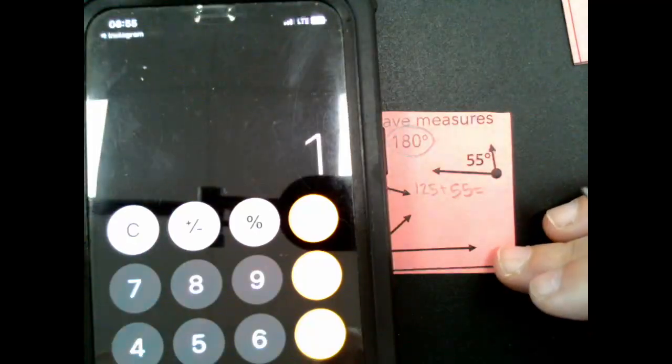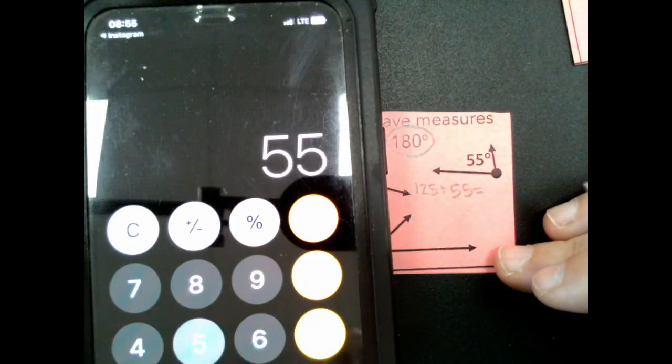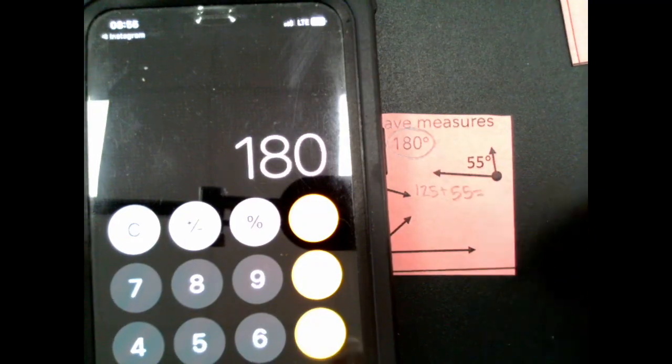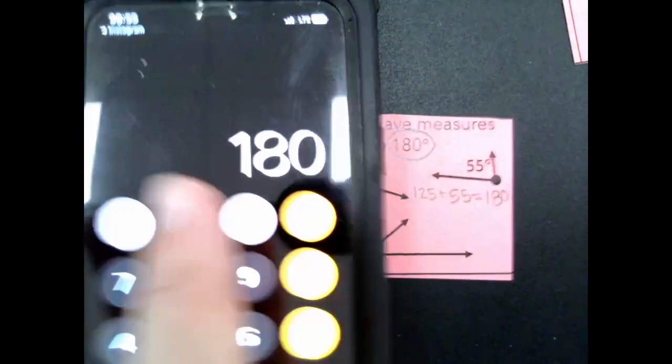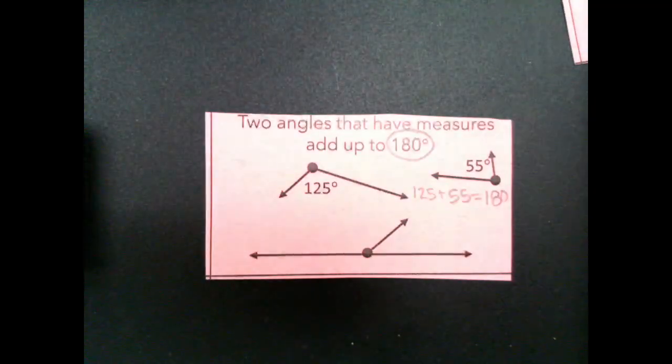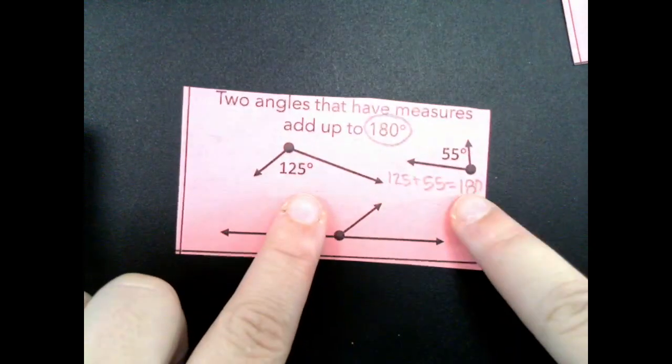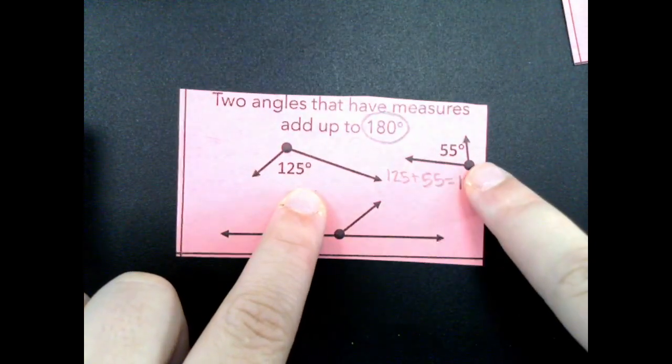If you're not sure, use a calculator quick. 125 plus 55. Yep, 180. So those two angles, even though they're not touching, they're still supplementary because they add up to 180.